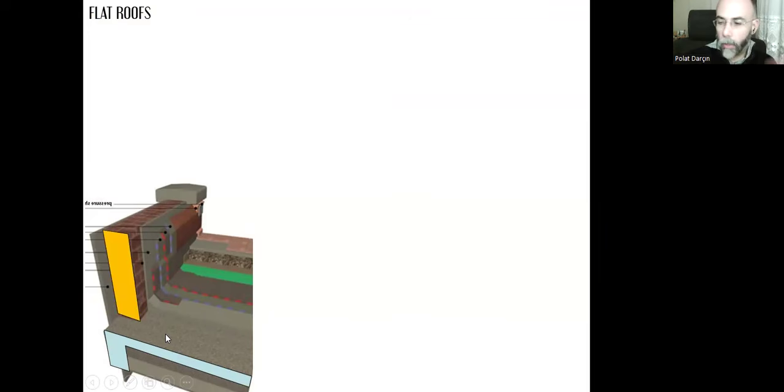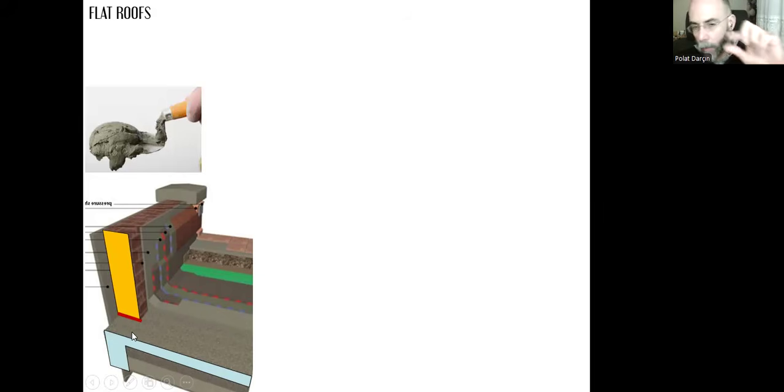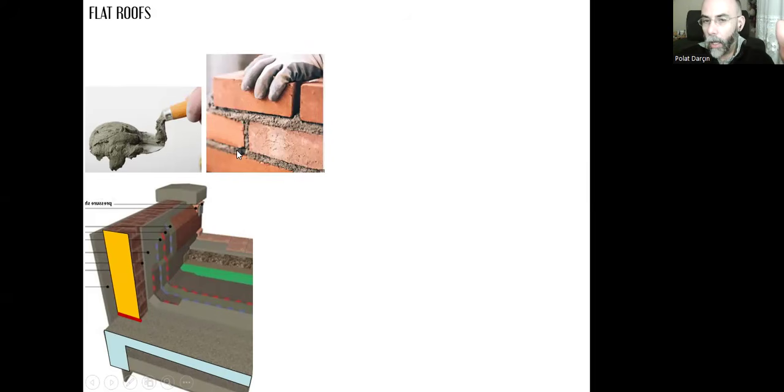If we prefer a different material for the parapet walls, not reinforced concrete, but maybe brick walls, then the whole brick wall will be fixed, connected to the upper surface of this reinforced concrete with a cement mortar that has a thickness of 2 centimeters or 1.5 centimeters, a very thin layer of cement or mortar. The whole brick wall will be fixed over the reinforced concrete with this thin mortar.